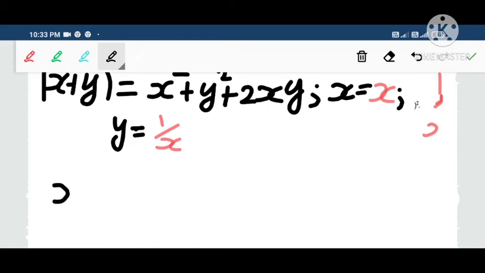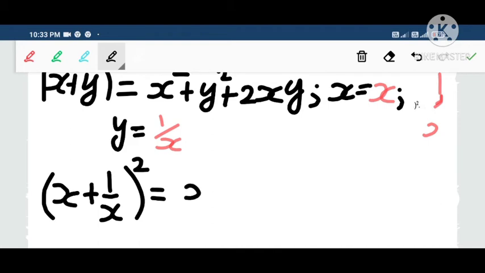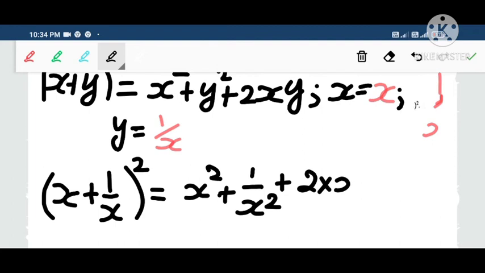So x plus 1 by x the whole square, that is x plus y, substituting y is 1 by x, is equal to x square plus y square, which is 1 by x the whole square, so that becomes 1 by x square, plus 2 into x into 1 by x.